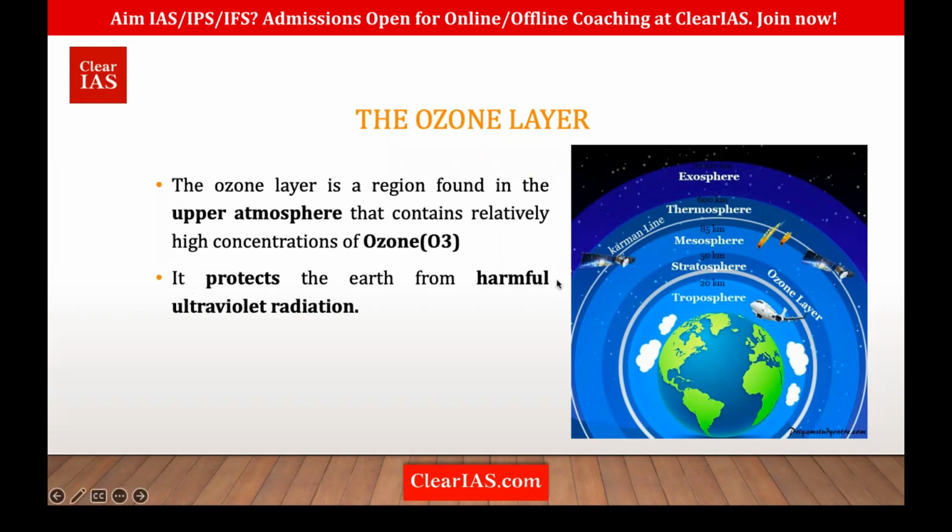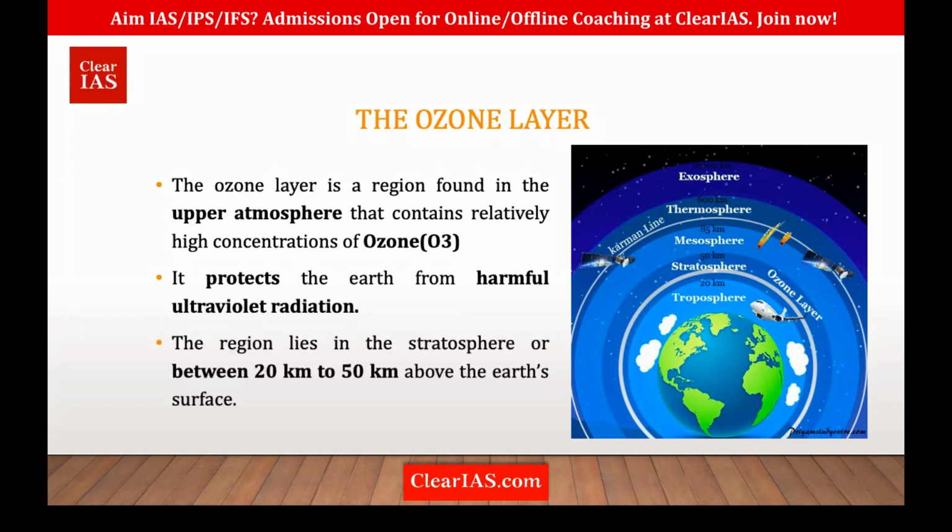Its main purpose is to protect against the harmful UV radiation which enters toward the Earth's surface. The ozone layer acts as a shield which blocks the harmful UV radiation from entering the Earth's surface. It is in the stratosphere, between 20 to 50 kilometers from the Earth's surface.